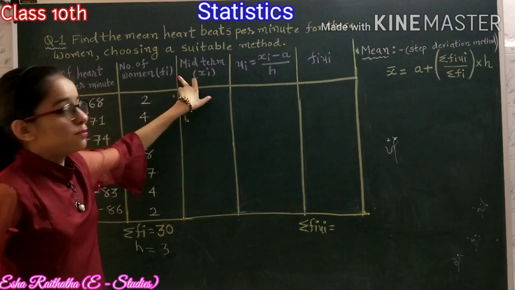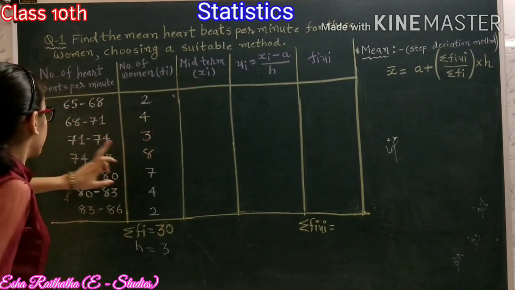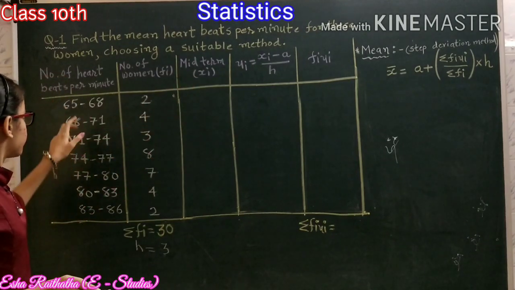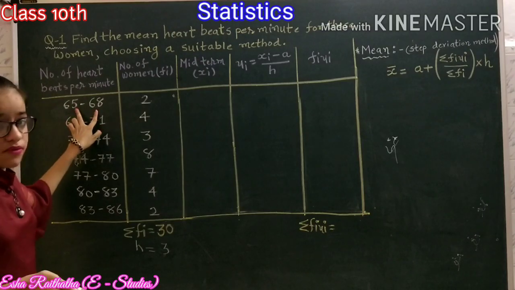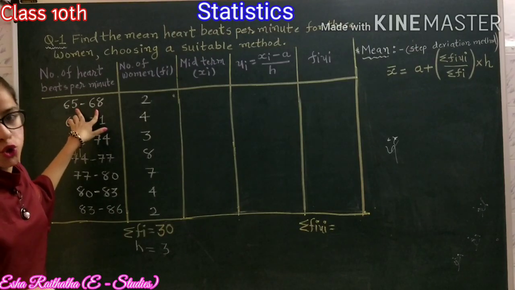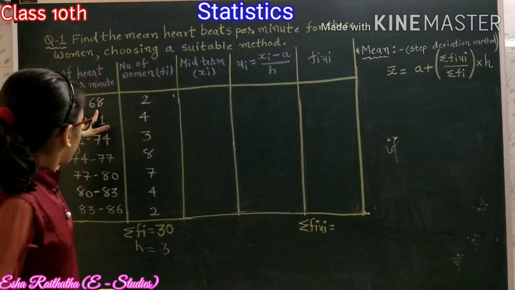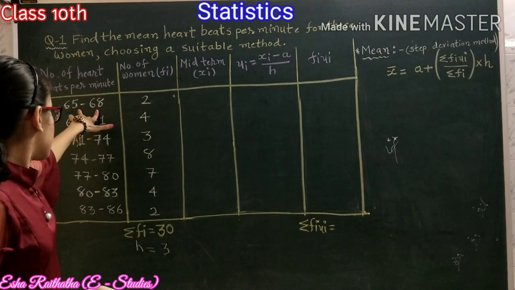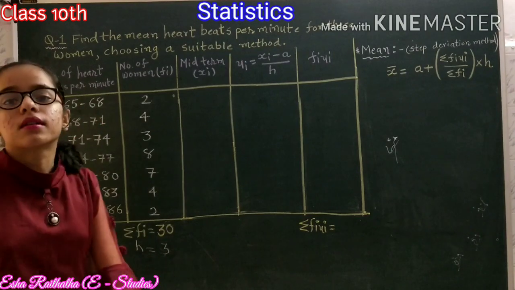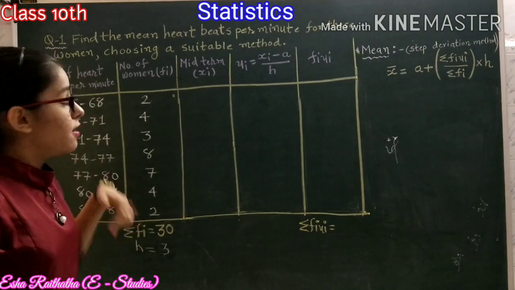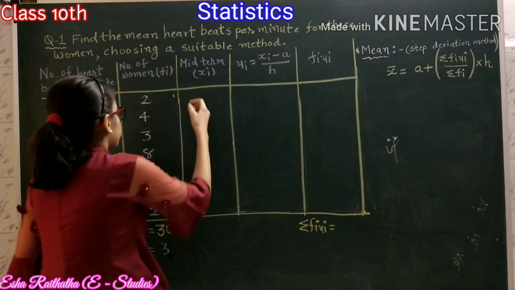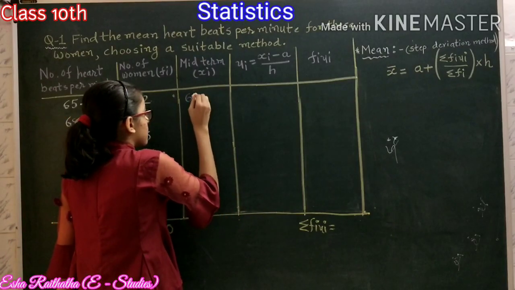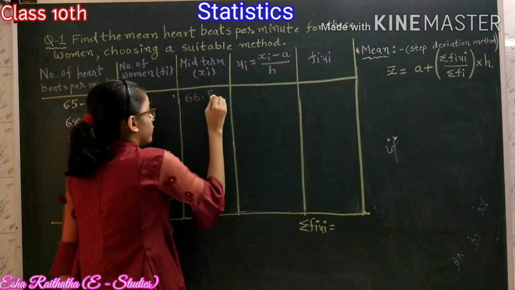Now we will find the midterm, meaning x. For this, the method is 68 plus 65 divided by 2. To find this, we first add them, so it will be 133, divided by 2 will be 66.5.